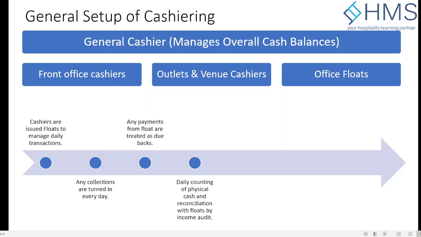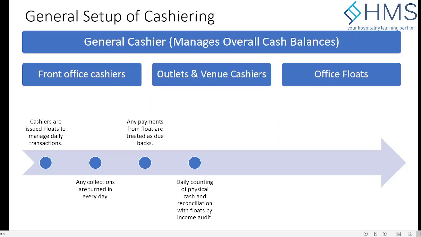Usually there is a daily counting of the physical cash and reconciliation with the floats by the income audit. Every day, together with the income audit and security, the general cashier opens the safe, counts the envelopes, and counts the physical cash, not in the general safe but in the envelopes, and they reconcile with the reports coming out from the property management system or from the POS.